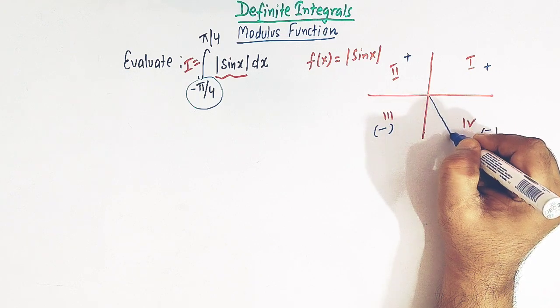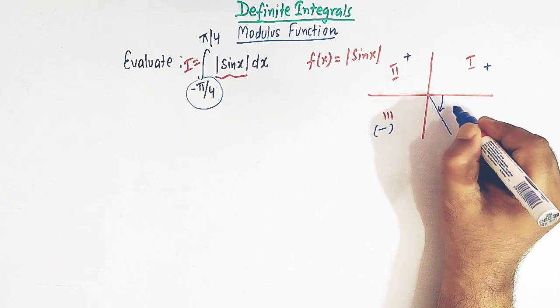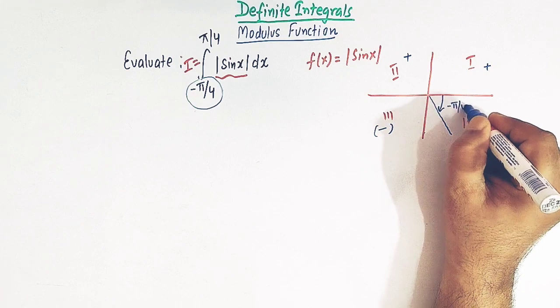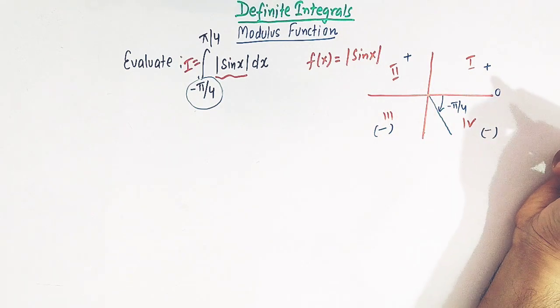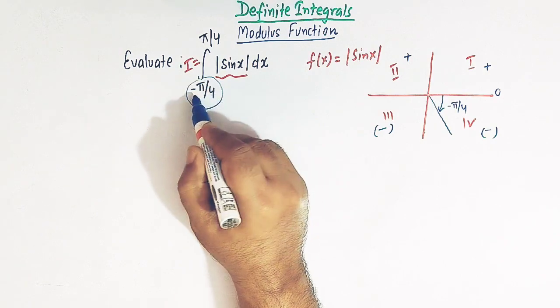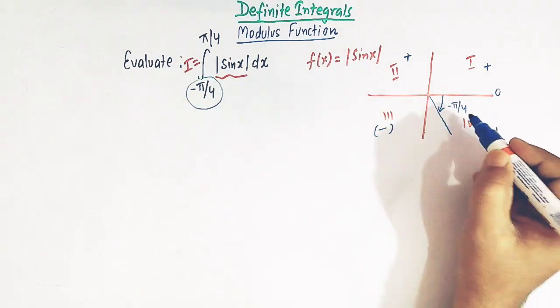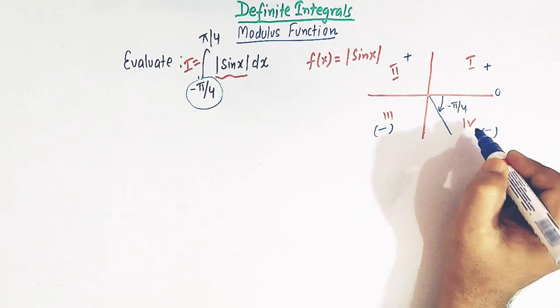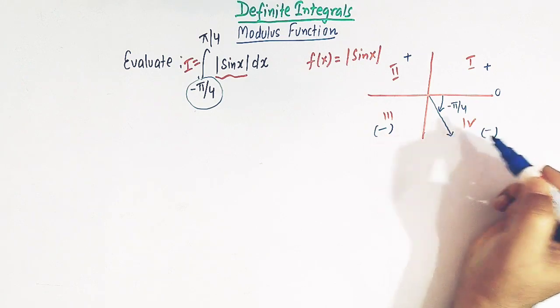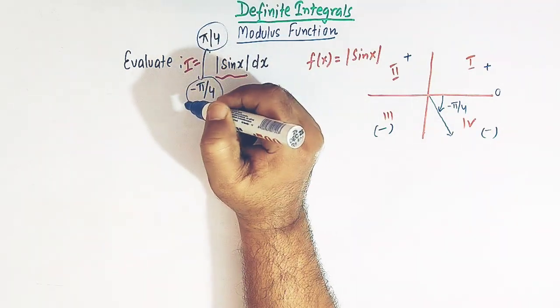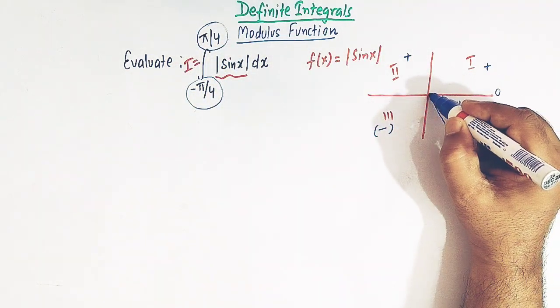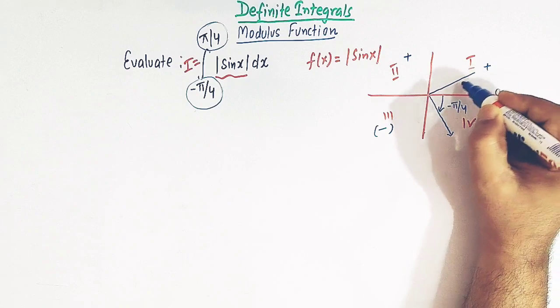The lower limit is minus pi by 4, which lies in the fourth quadrant, and the upper limit is pi by 4, which lies in the first quadrant.